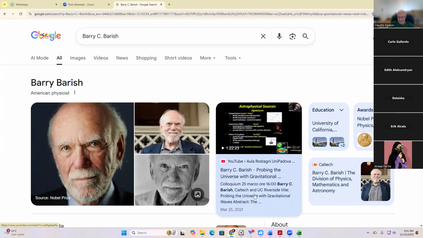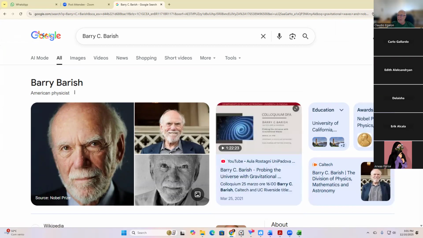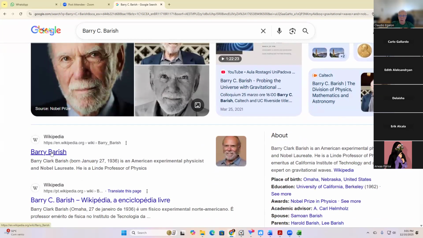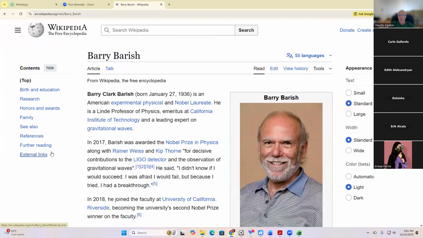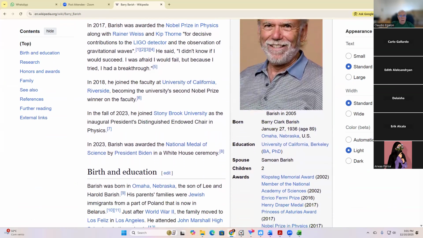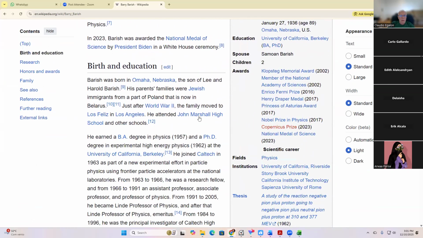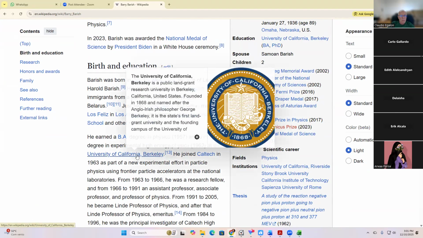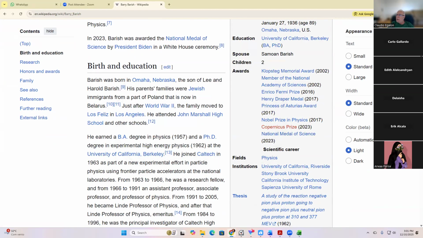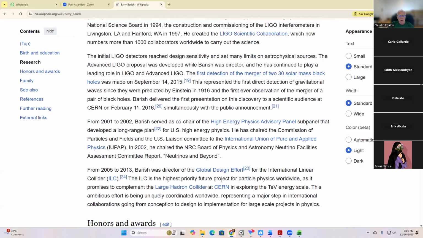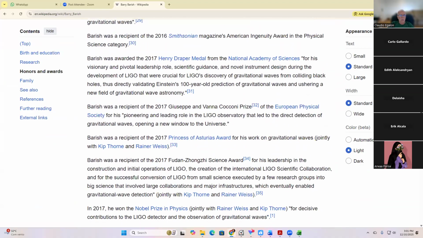See that? And Barry Barish, the other Nobel Prize winner. He was born January 27, 1936. Okay. And he joined the faculty of the University of California, Riverside. But did he? I suspect that he was from the University of California, Berkeley. So he's not from Caltech, apparently, huh? Honors and awards.